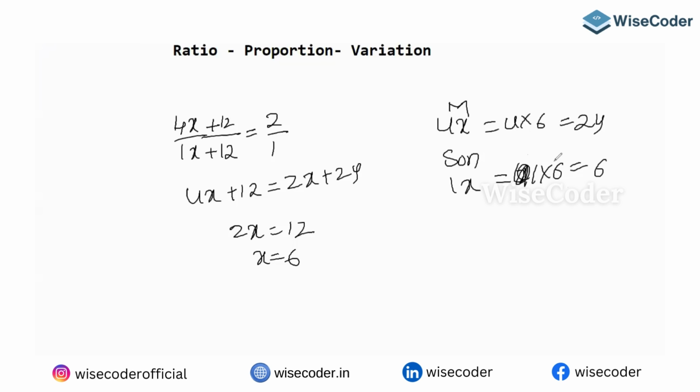The ratio of the incomes of A and B is 4:3.